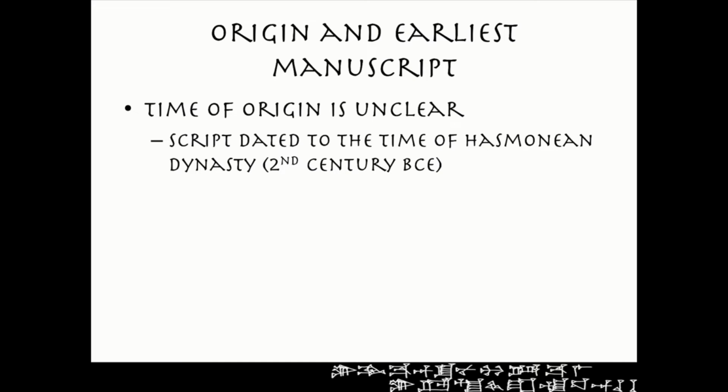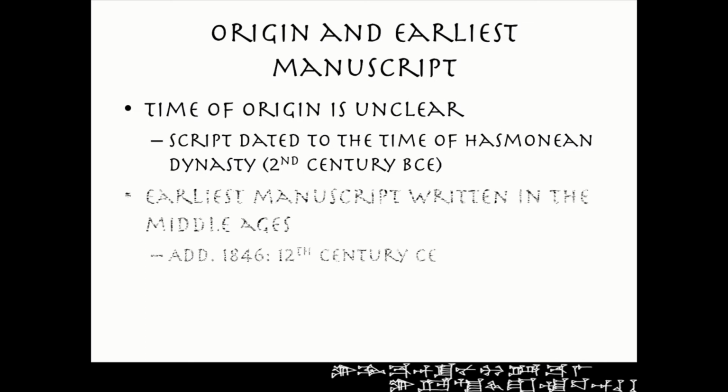So it's relatively late in that sense, or perhaps a better way to say it is it's no more ancient than the other sources that we have. The earliest manuscript that we actually have, though, comes from the Middle Ages. So manuscript Add. 1846 comes from the 12th century CE. So this is what we know of the origin, and this is the earliest manuscript that we have.